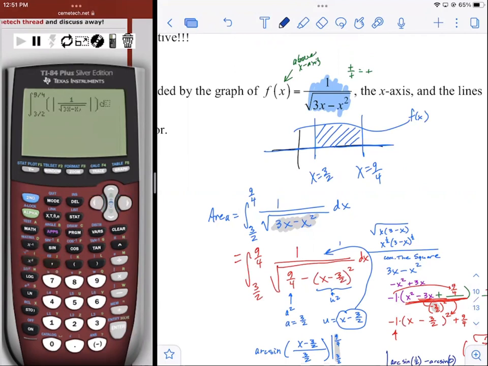It's not letting me square it. Uh-oh. It's giving me this weird symbol. A little box?